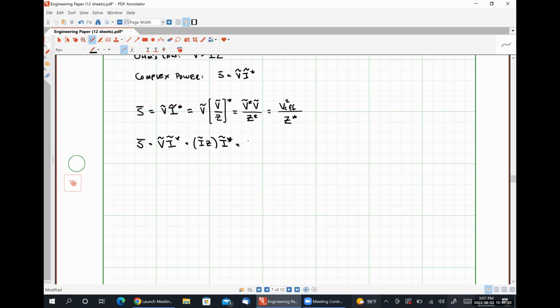And so this looks like I conjugate times I times Z, or simply I effective squared times Z.